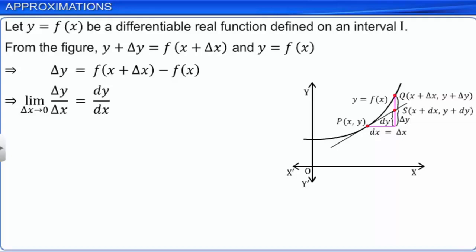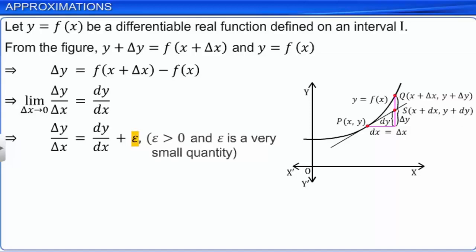Hence, Δy/Δx is equal to dy/dx + ε, where ε is a small positive quantity. Multiplying both sides by Δx, we get Δy = (dy/dx)Δx + εΔx.